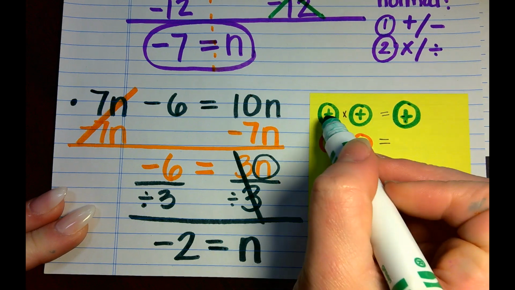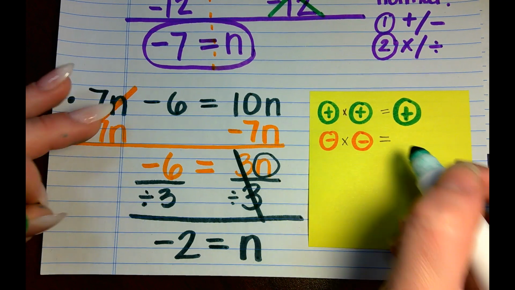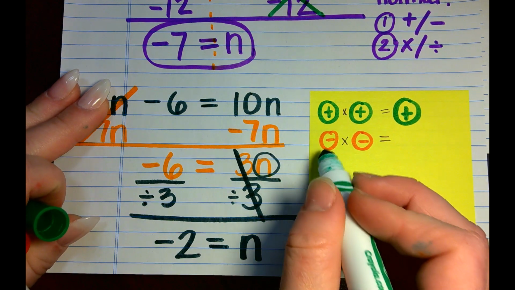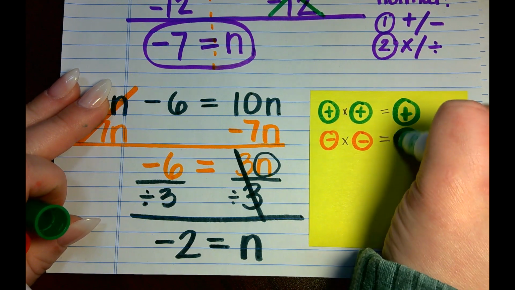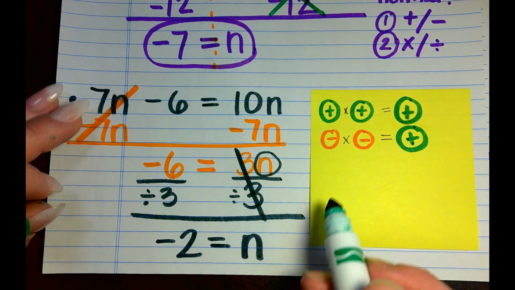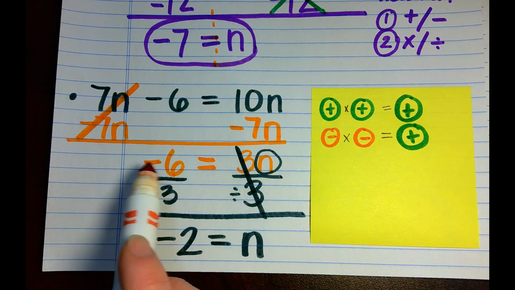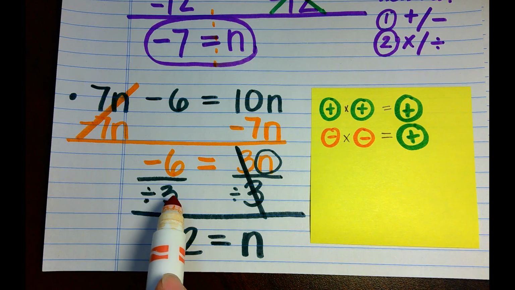A positive times a positive, or a positive divided by a positive, gives a positive. A negative times a negative still gives a positive because these are the same sign. The negatives cancel out. The only time you get a negative answer is like here: I have a negative number and a positive number.